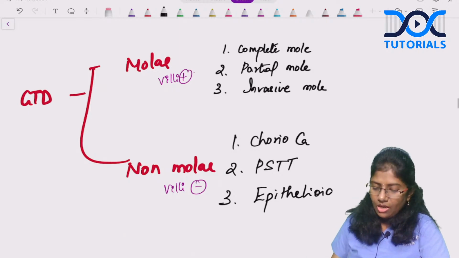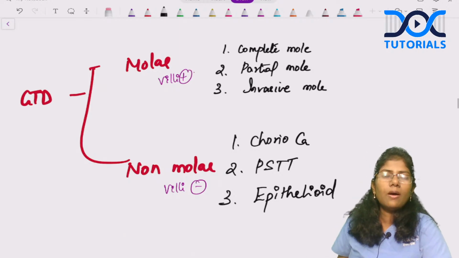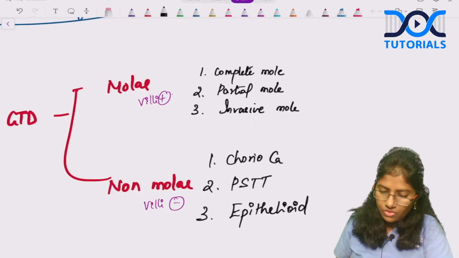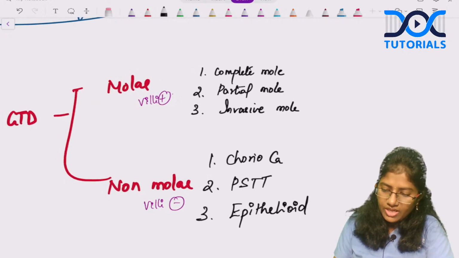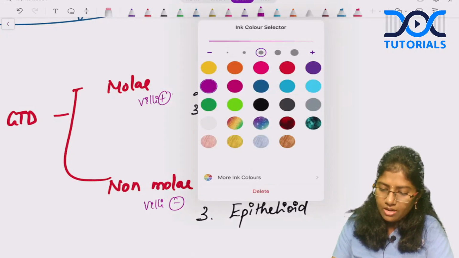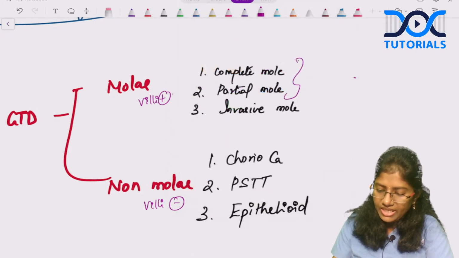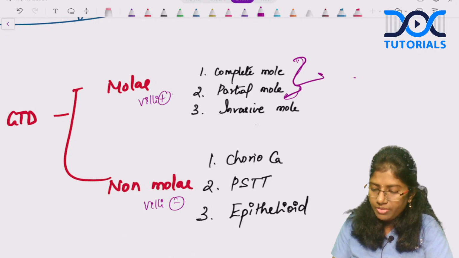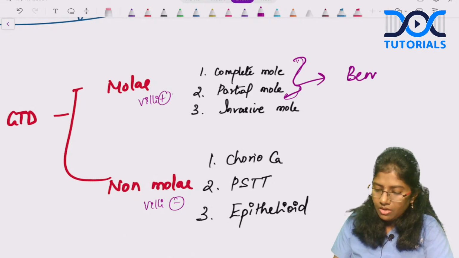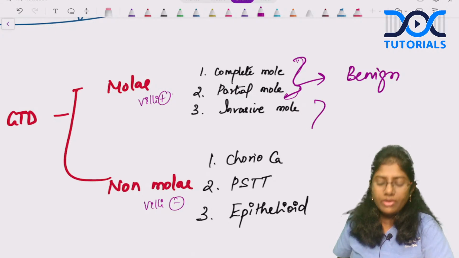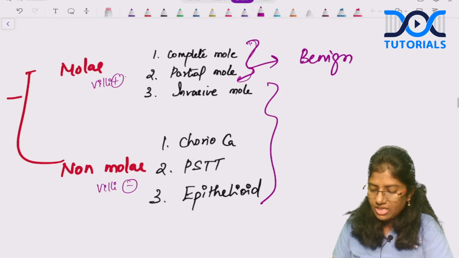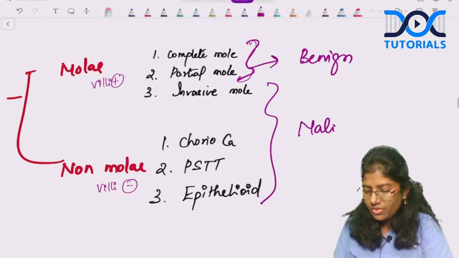Now we again divide this into benign and malignant varieties. Please remember the first two, complete and partial mole, are benign varieties. These four, invasive mole, choriocarcinoma, PSTT and epithelioid, are malignant varieties.